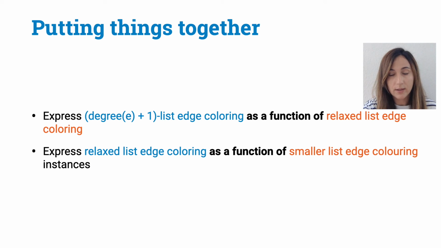On the other hand, we can express the time for solving a list edge coloring with slack beta as a function of the time for solving a list edge coloring with smaller slack plus the time for solving degree plus 1 list edge coloring. This gives us a recursive formula that expresses an upper bound on the time required for solving degree plus 1 list edge coloring, and by solving the recursion, we get our result.